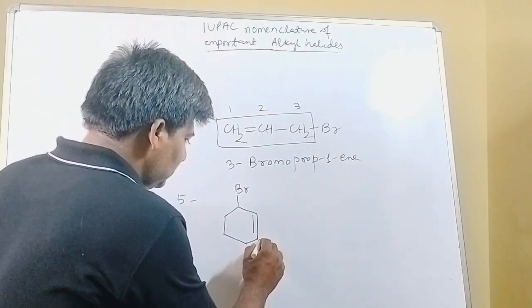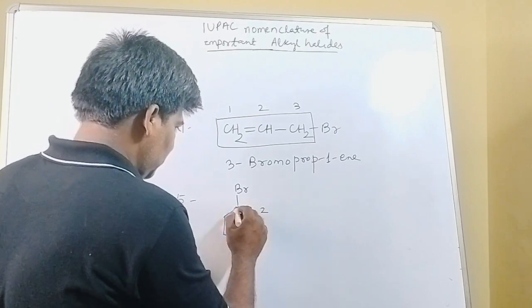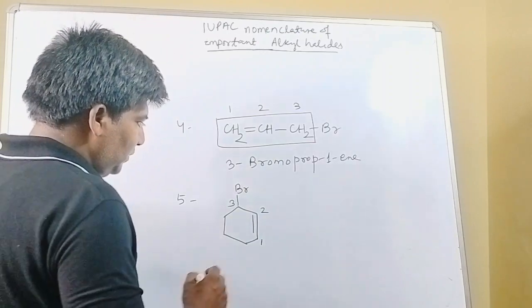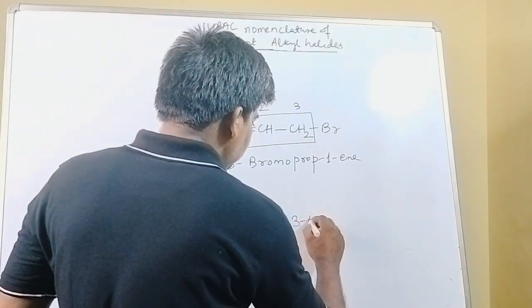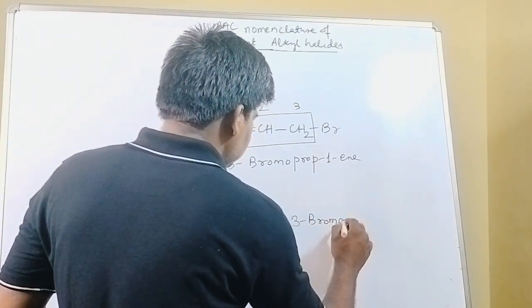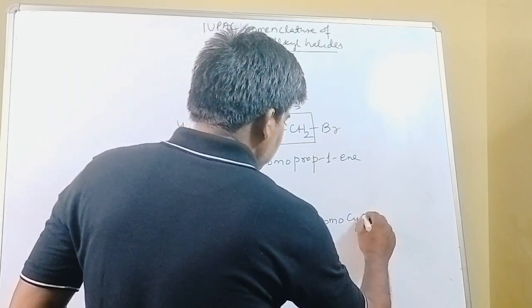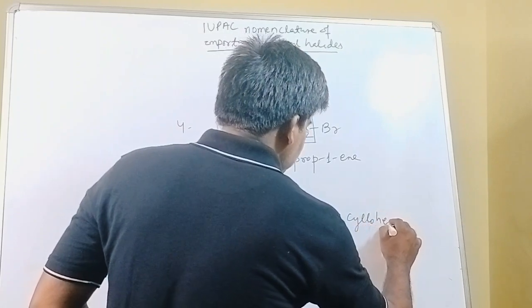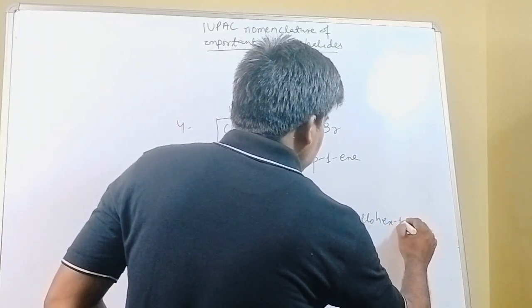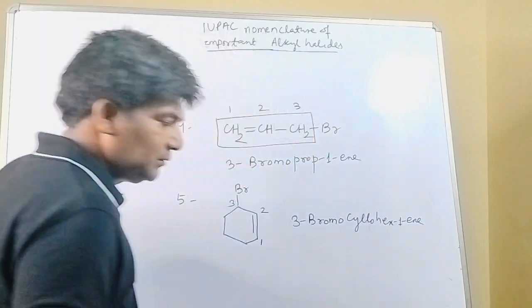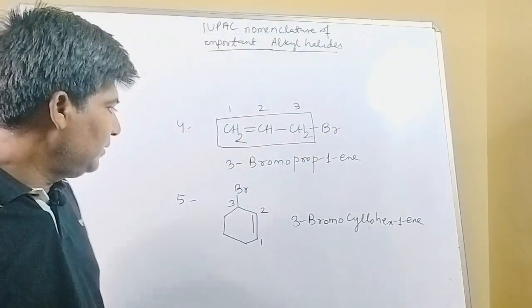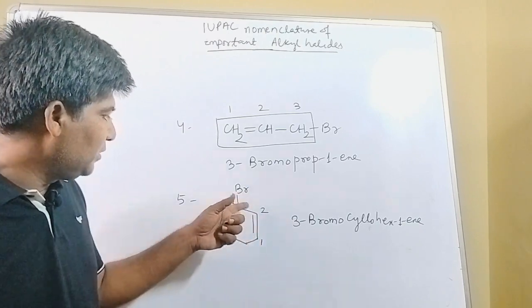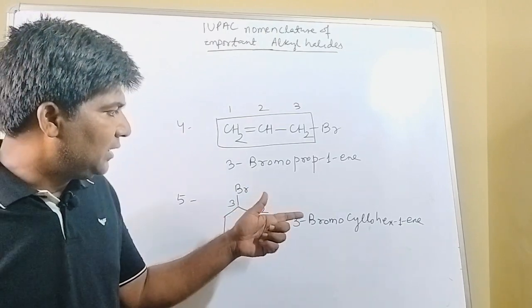That's why we start numbering like this: 1, 2, 3. So it will be 3-bromocyclohex-1-ene. Because this is a cyclic compound, cyclo, hex, 1-ene.